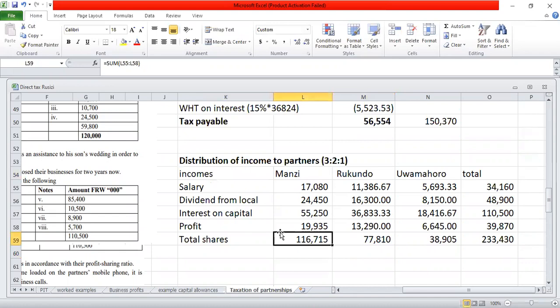Any question on how the profit has been shared, how the income has been shared? And we move on. Please be very fast when you're making.